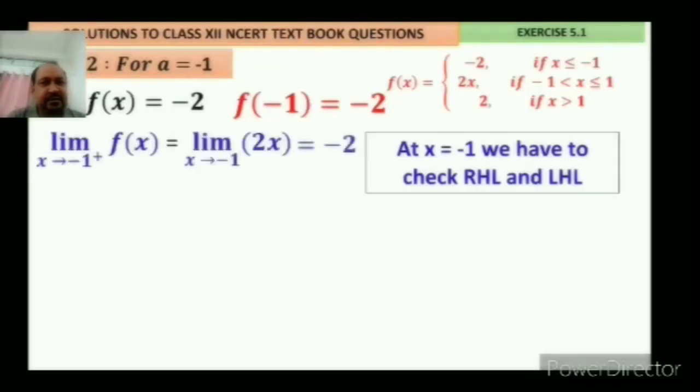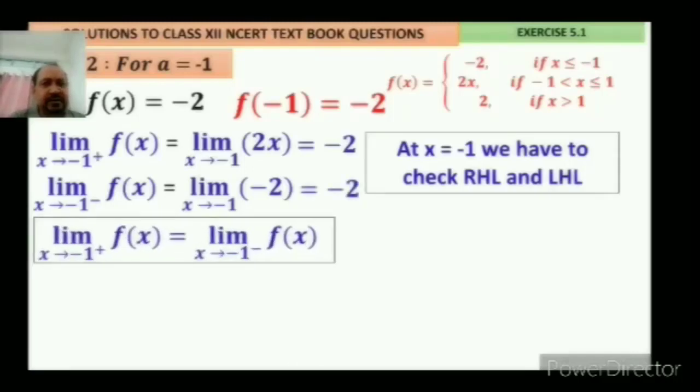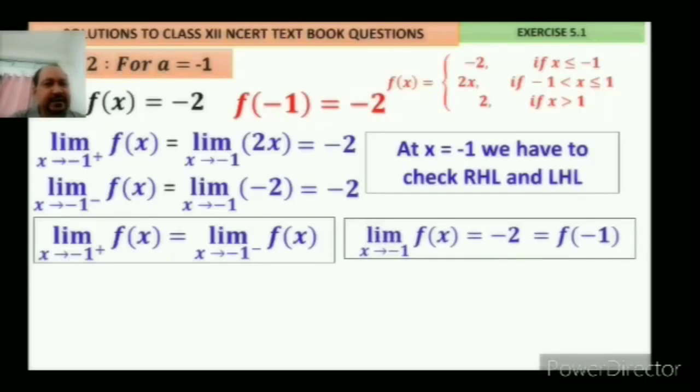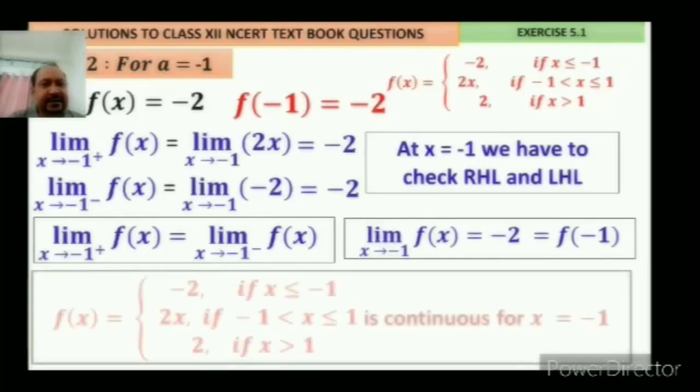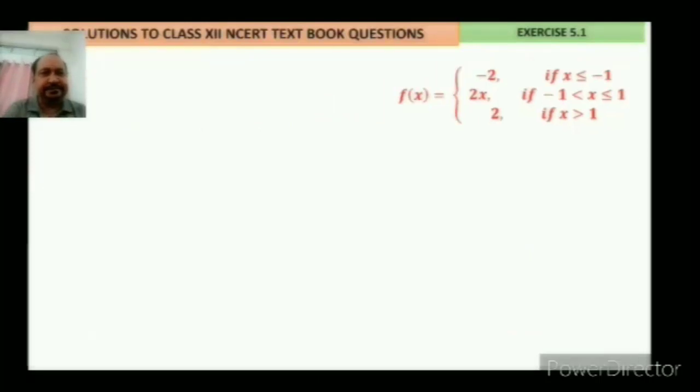You find the value of RHL is minus 2 and the value of LHL is minus 2. So the limit value of the function is equal to the functional value of the function, which is minus 2. Then you can say that the function is continuous at x equal to minus 1.